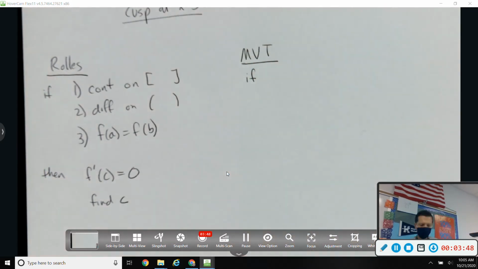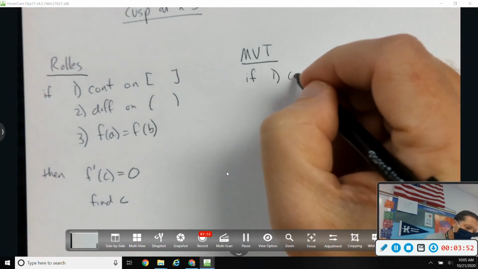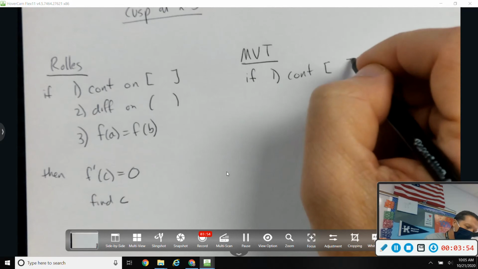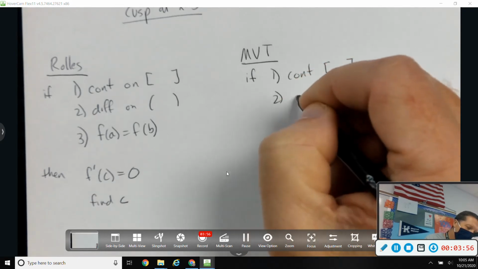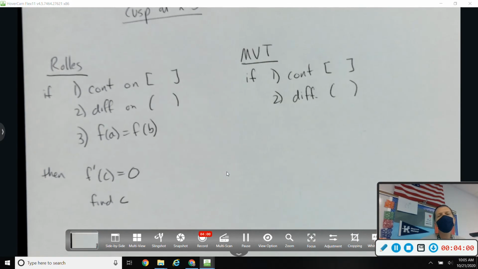Mean value theorem, a little more generic, continuous on the closed, differentiable on the open, and I don't have to have the same endpoints.